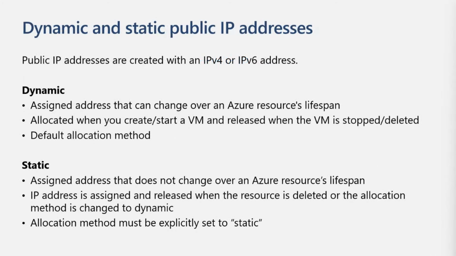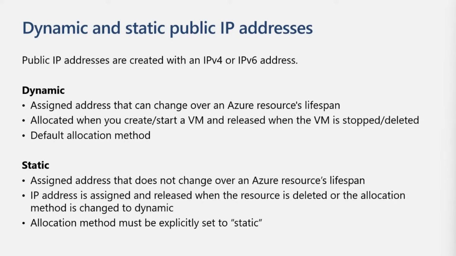So we did talk about public IP addresses, and I did mention that you can use either an IPv4 or IPv6 address. The difference between a dynamic and static IP address is that dynamic, as the description suggests, changes over an Azure resource's lifespan, so it's not going to be the same IP address.